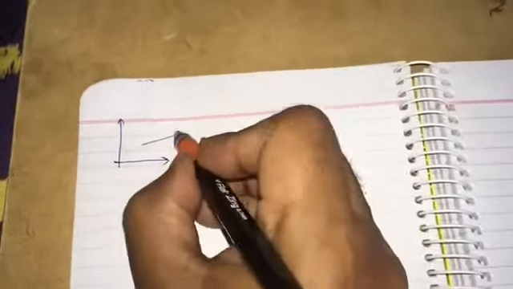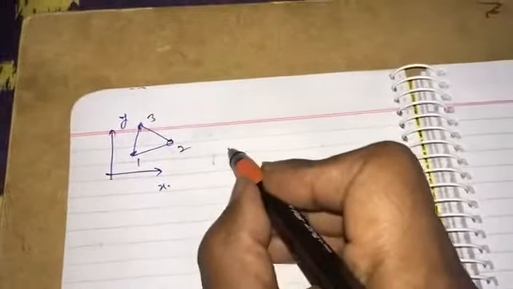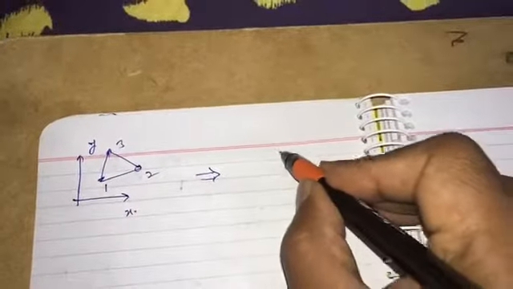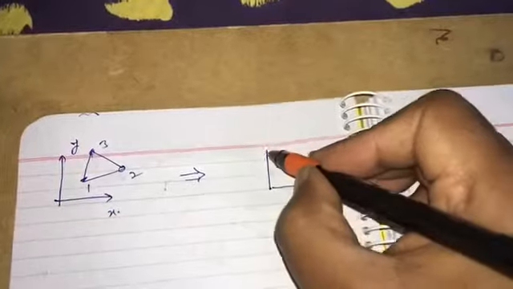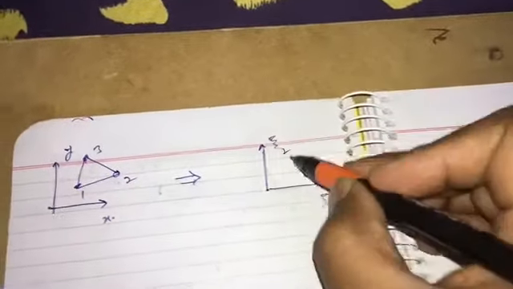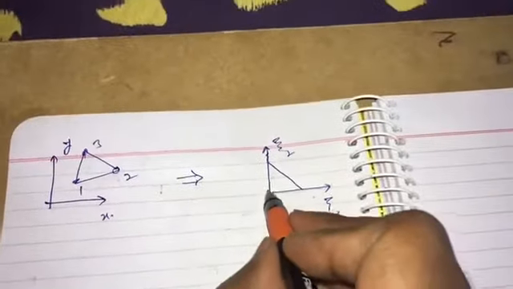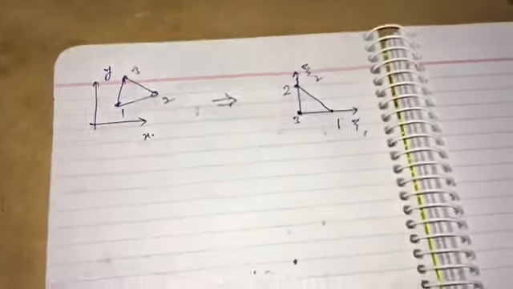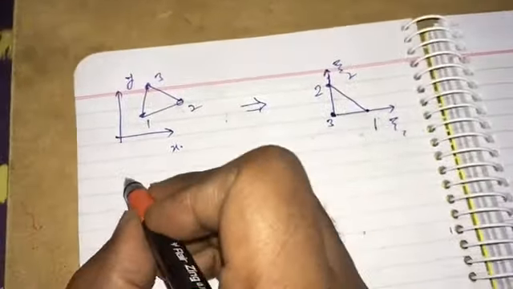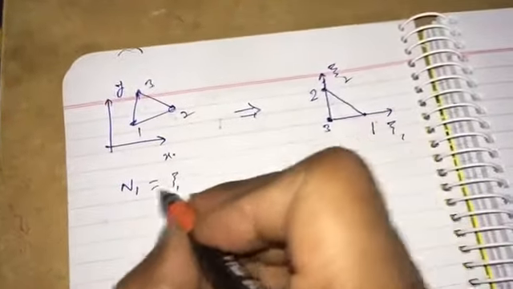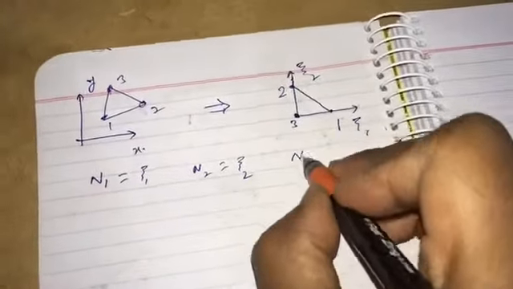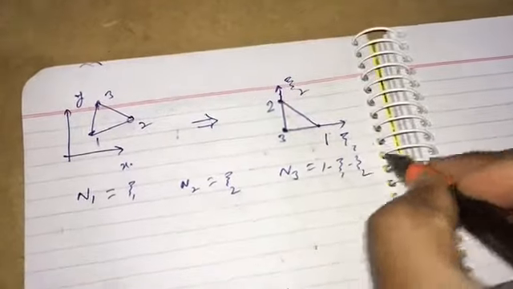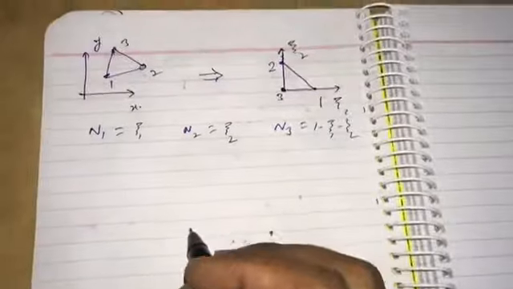Once we have transformed a triangular element from the usual Cartesian xy coordinate system to an isoparametric system xi1 xi2, and we have N1 equal to xi1, N2 equal to xi2, and N3 equal to 1 minus xi1 minus xi2, the next step is to formulate the finite element analysis.